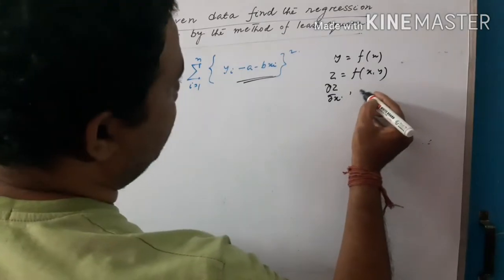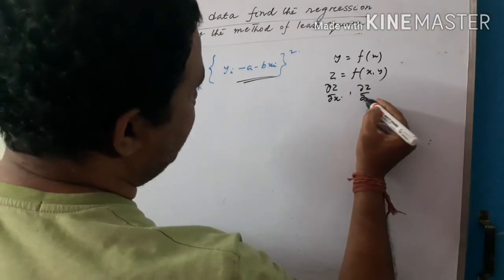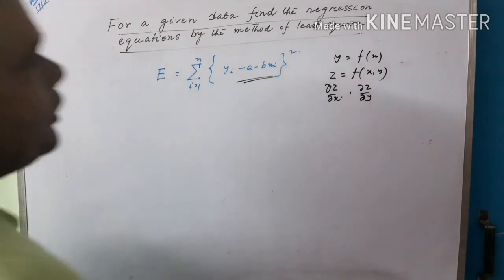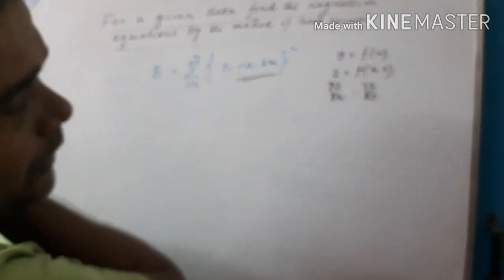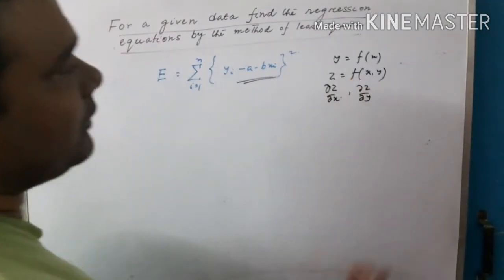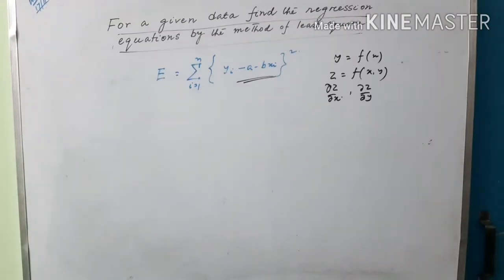And in the case of del z by del y, that is when we are differentiating f(x,y) with respect to y, we consider only y as a variable and x is treated as a constant. So nothing special, everything is similar to the derivative, but remember that in the case of a partial derivative, one variable is treated as a variable and all the remaining variables are treated as constants.